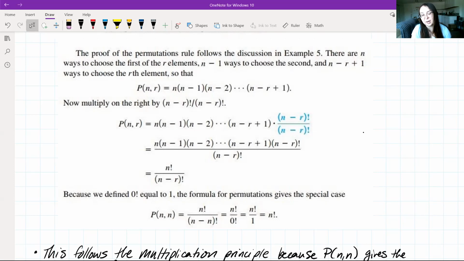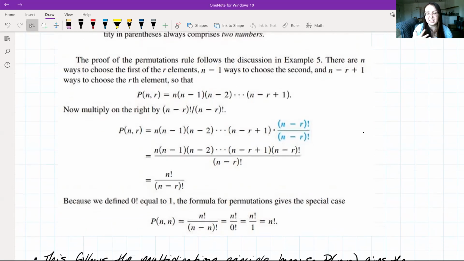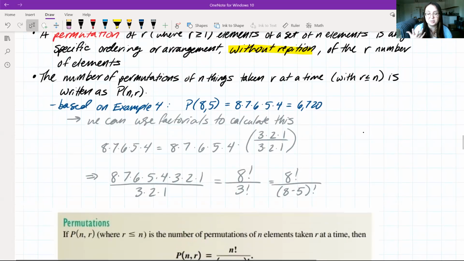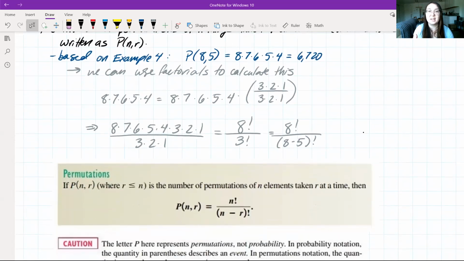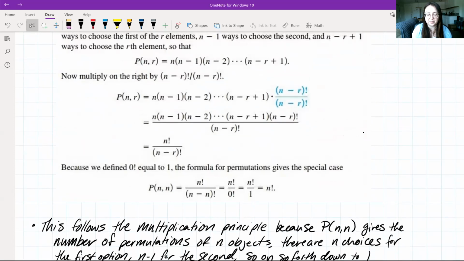When we multiply these all together, we complete the factorial of our numerator, and now we have another factorial in our denominator. So it's fairly straightforward, and we show it here as well if you just want to look at real values. That is how you would derive your equation.